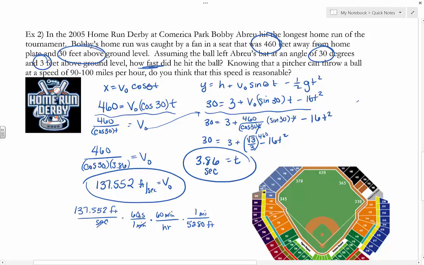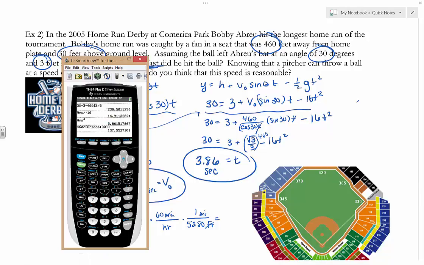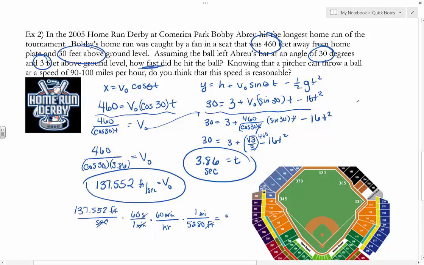So minutes, minutes, seconds, seconds, feet, feet. Now I'm going to have miles per hour. So I have that number times 60 divided by 5280. So this times 60 squared divided by 5,280 gets me about 93.7 miles an hour.